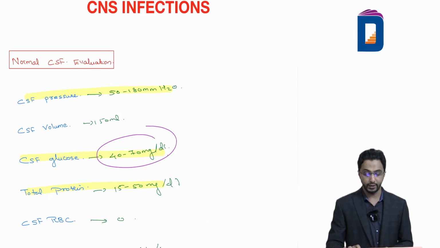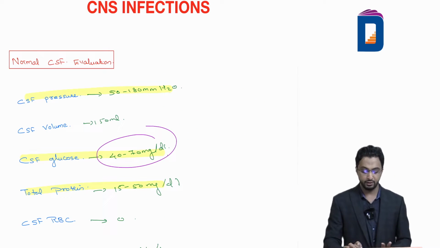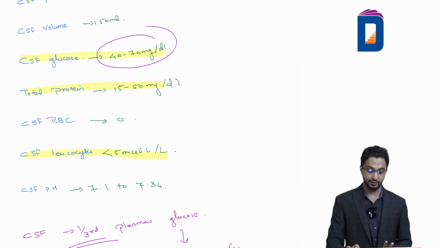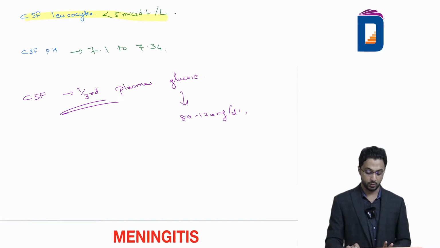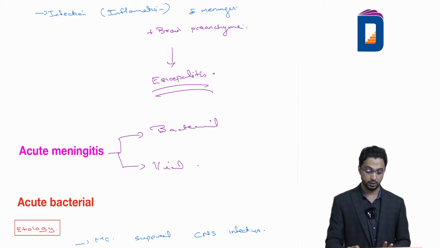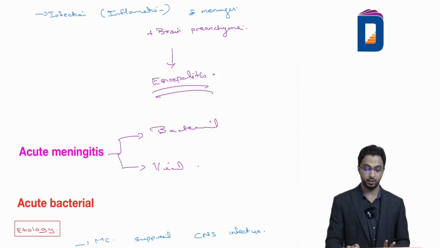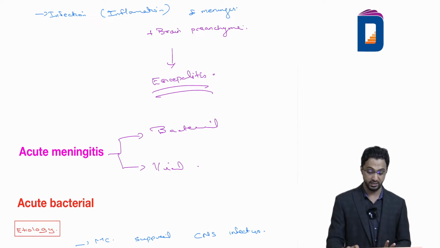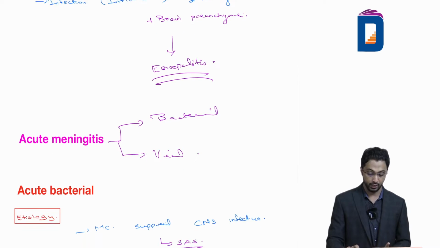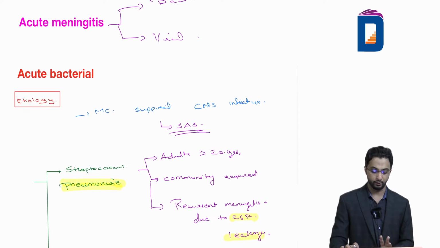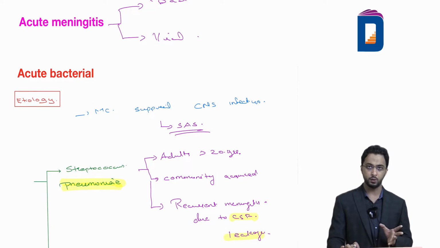Okay, a quick review of what we have studied so far: basically CSF pressure, glucose levels and all those. What is much more important is that infection and inflammation of the meninges is what is meningitis. Then you have acute, subacute and chronic. Acute includes bacterial and viral.